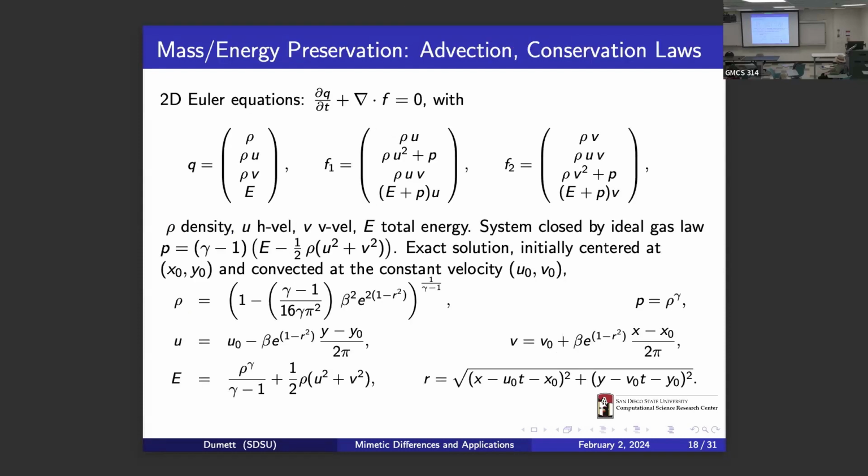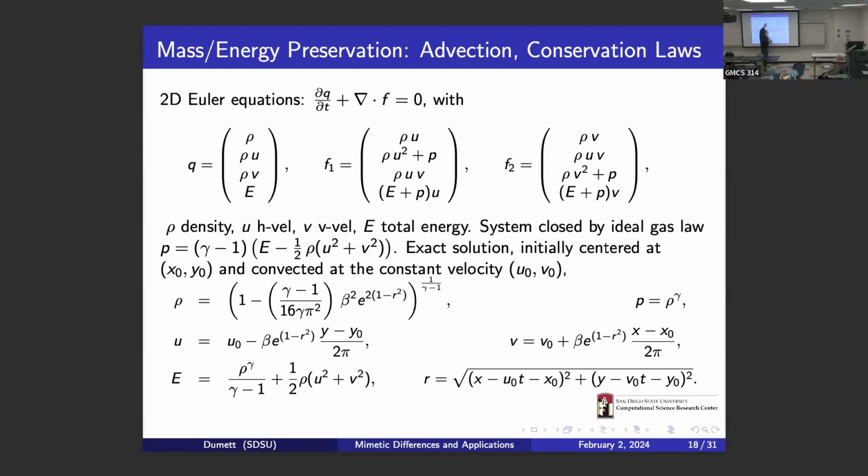In addition, using exactly those properties and nothing else, we were able to show conservation of mass for any system of conservation laws. And we were also able to show energy preservation for some conservation laws and for the advection equation. And so this is an example in two dimensions.